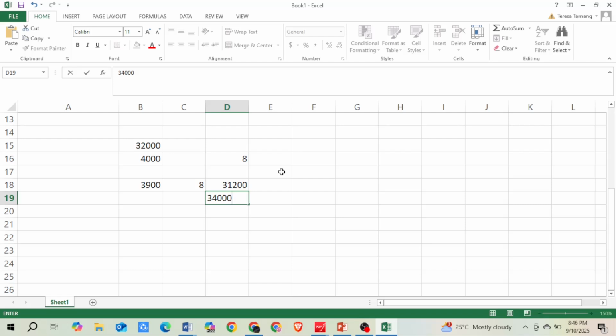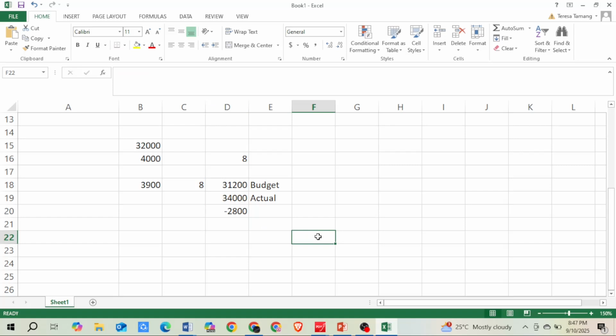So we paid 34,000. Okay, so this is our budget, and this is the actual amount that we paid. We were planning to spend only 31,200 for 3,900 hours, but we ended up paying 34,000 for 3,900 hours. So let's find out the difference.